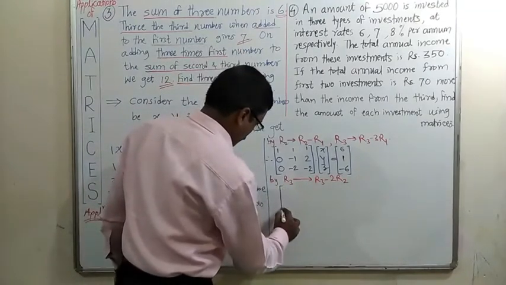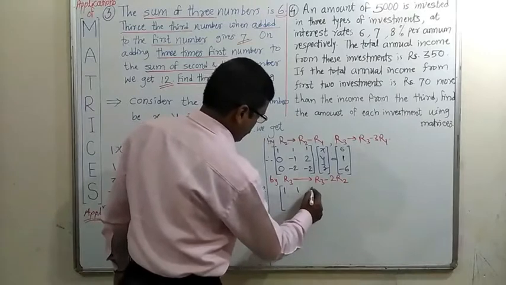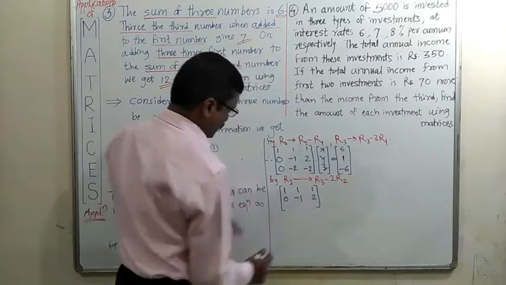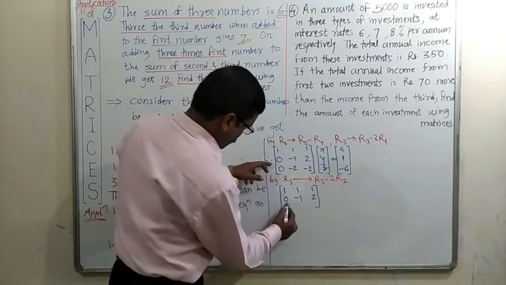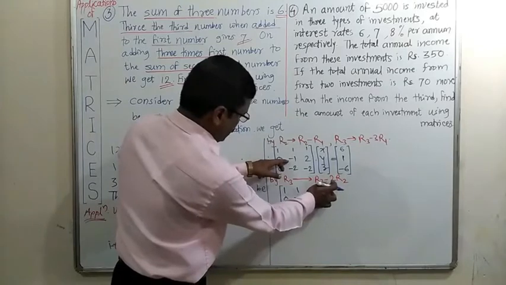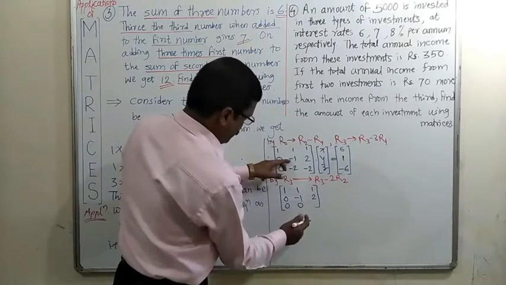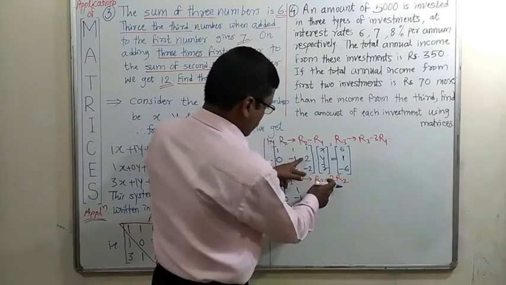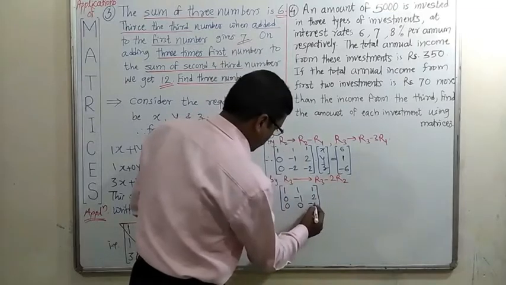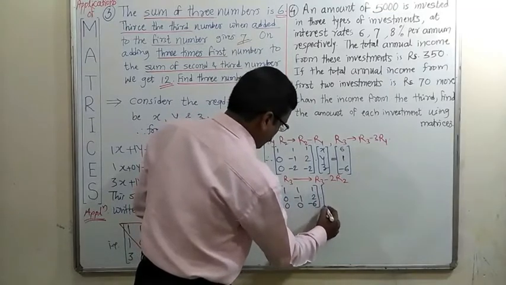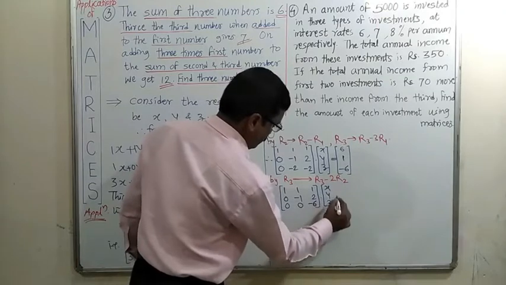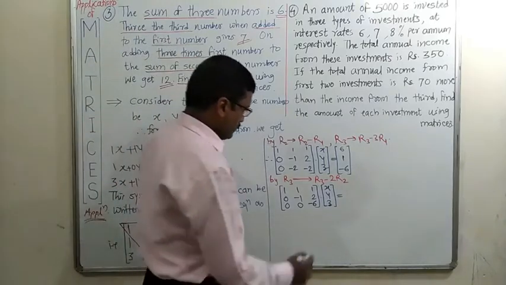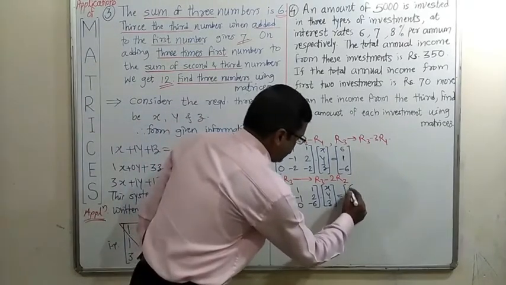So here first row has no change, second row also remains unchanged, and in the third row this minus this is 0, minus 2 plus 2 is 0, minus 2 again minus 4, so minus 6, into matrix of variables x, y, z, is equal to the last matrix, whose 2 elements remain unchanged.